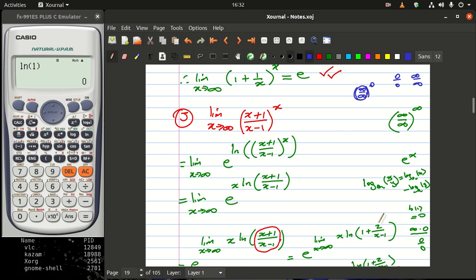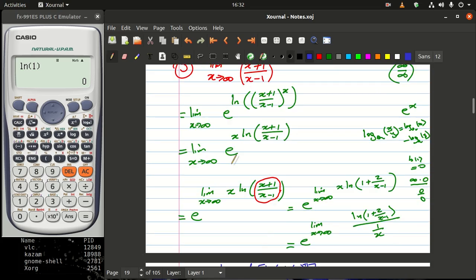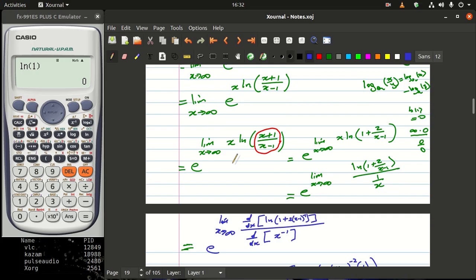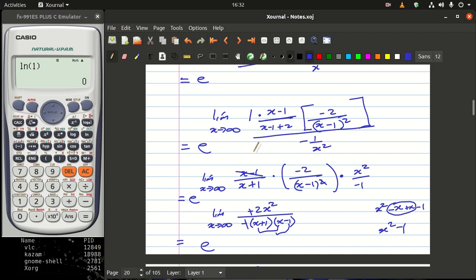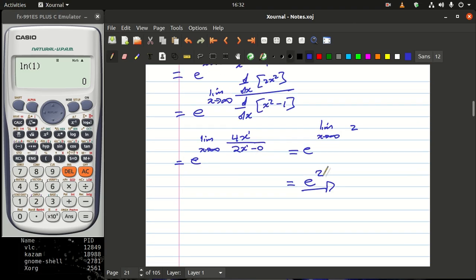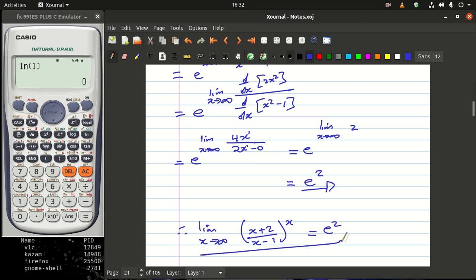But I had to show you that if you are doing your own thing, you might get stuck and think otherwise. That is the end of this problem, because we ended up getting this: the limit as x approaches infinity of (x plus 2) over (x minus 1), all raised to the power x, must be equal to e raised to 2.